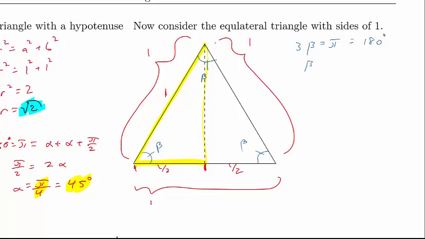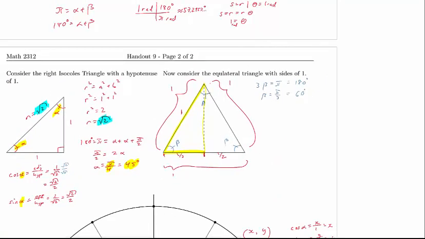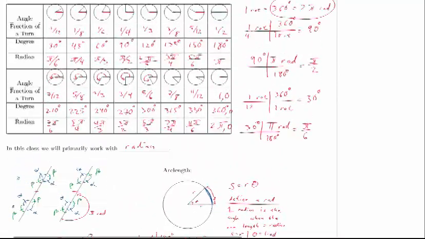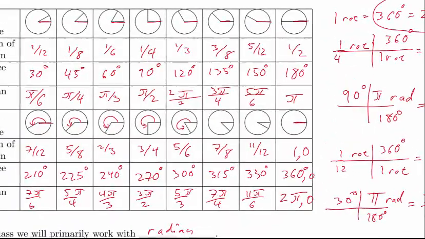So what is beta? Beta is pi divided by 3. And what is pi divided by 3? Pi divided by 3 is 60 degrees. And if you look at the other side of our handout over here, you can see that we did in fact look at that angle right there, 60 degrees. That is 1/6 of a turn.